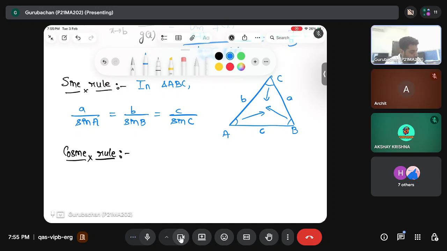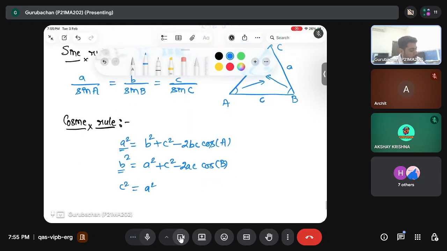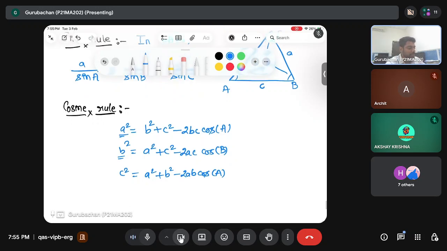The easiest way to write it, that a square is equal to b square plus c square minus 2bc cos of the opposite angle of a, that is cos A.